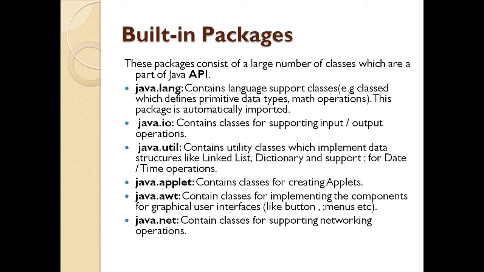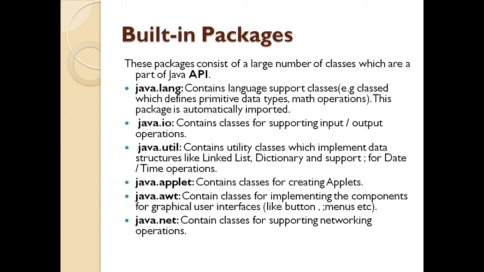Then you have java.io, which contains classes for supporting input and output operations. Then you have java.util, which contains utility classes which are used to implement data structures like linked list, dictionary, and support data type operations. You have java.applet, which contains classes for applets.